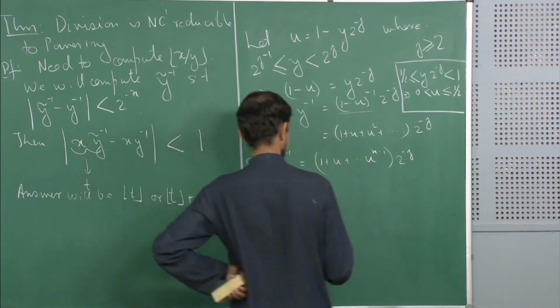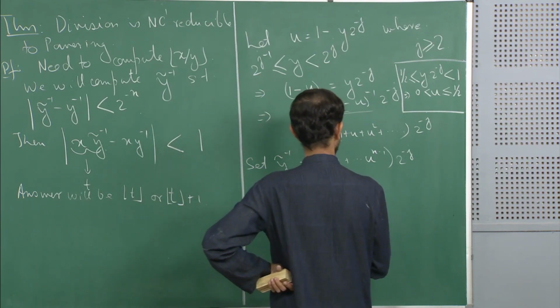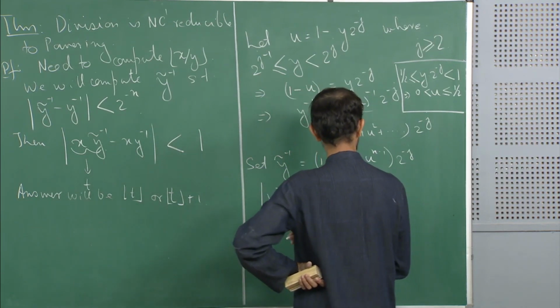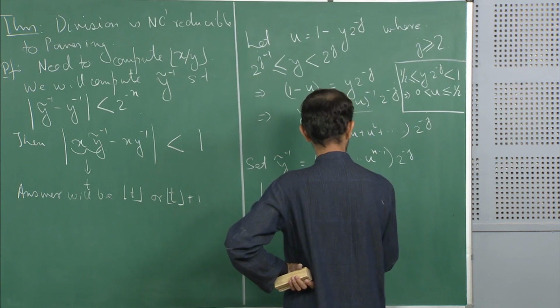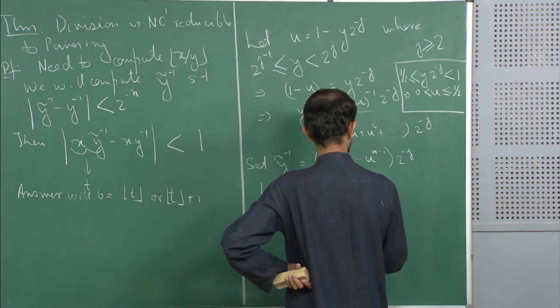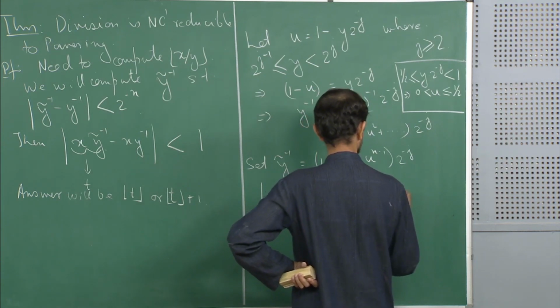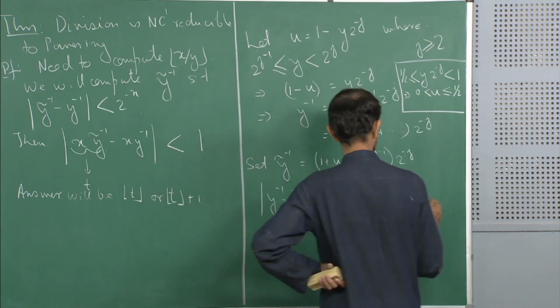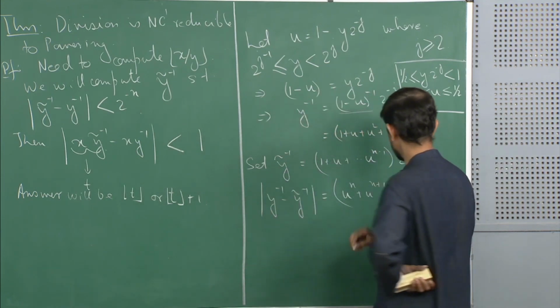inverse is equal to u to the power n plus u to the power n plus 1, and so on, into 2 to the power minus j.